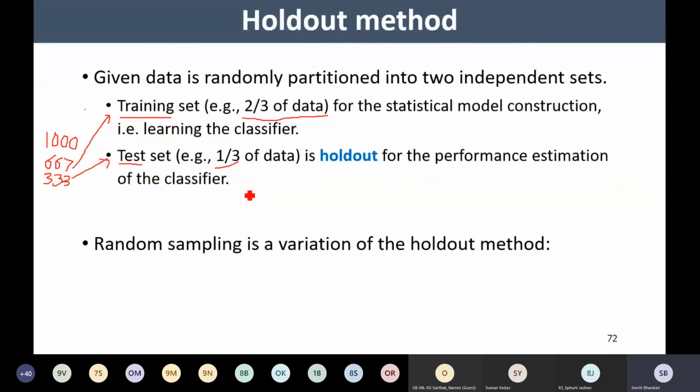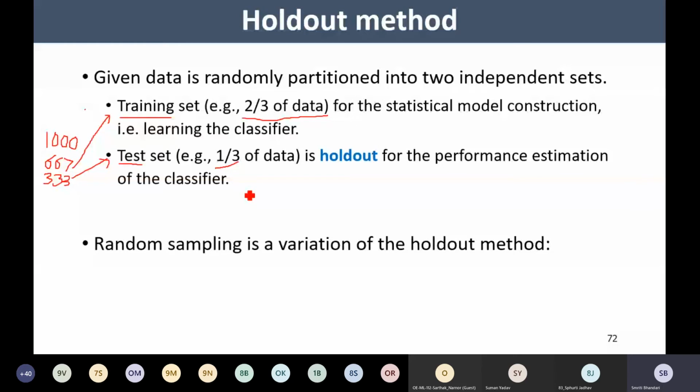I'll repeat. The data should be partitioned such that my training data has samples belonging to all the classes, right? And similarly, whenever I'm testing, I must have the samples belonging to all the classes.